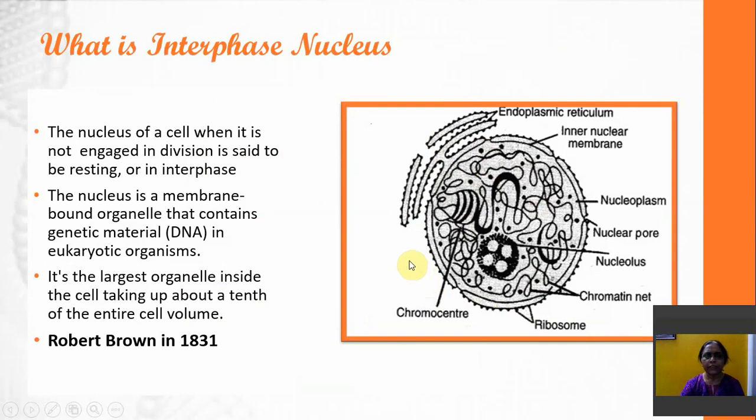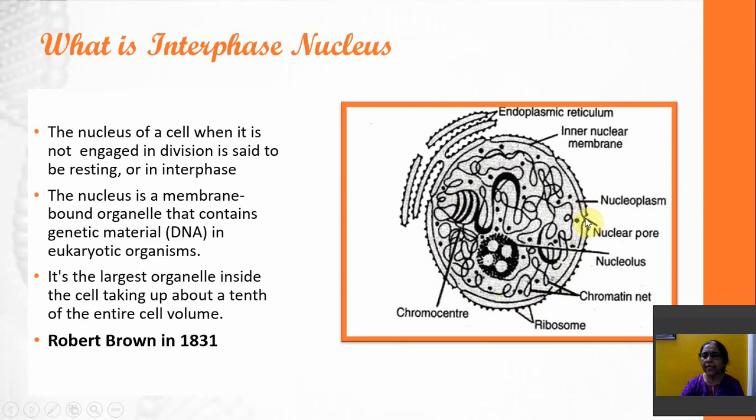The nucleus of a cell, when it is not engaged in division, is said to be in resting or in interphase. During this stage, you will see that the nucleus is covered by two membranes, the outer membrane and the inner membrane. Inside is present the fluid called the nucleoplasm.